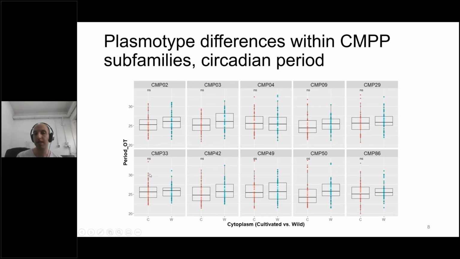It is interesting to see that there is no visible correlation, at least when we look at it this way, between those traits. There may be several explanations. One explanation is that maybe plasmotype does not impact the circadian period per se, but maybe it impacts how the plant decodes the circadian period and translates it into those field phenotypes, like days to flowering.